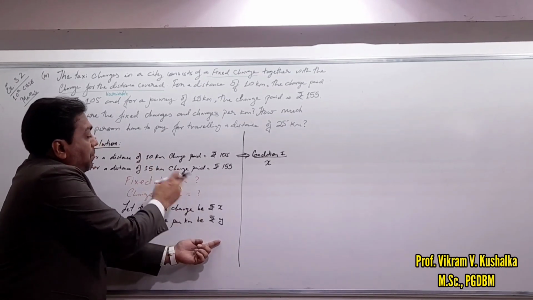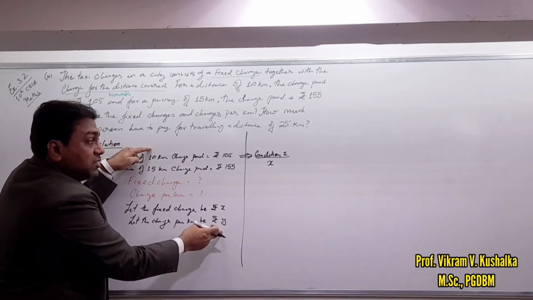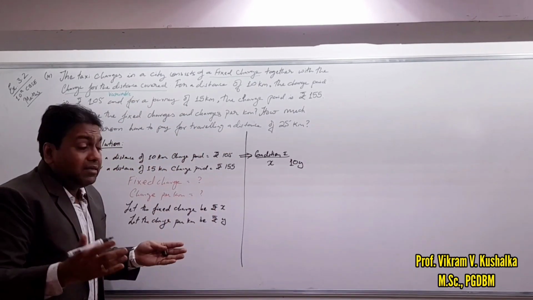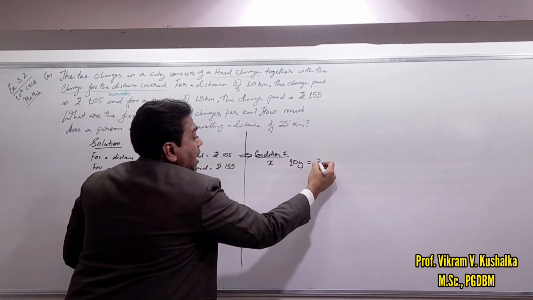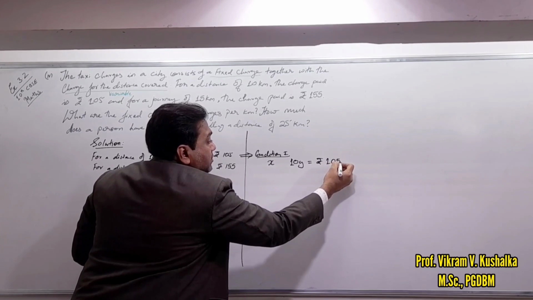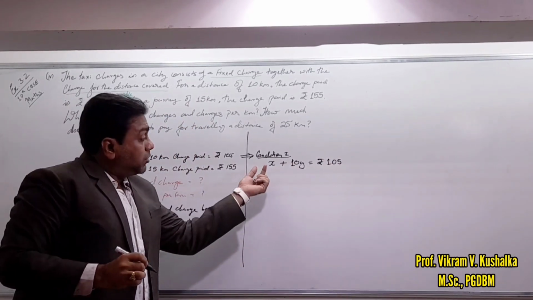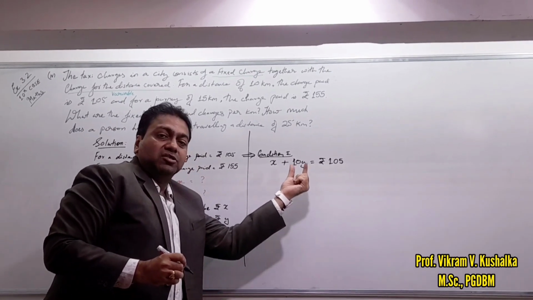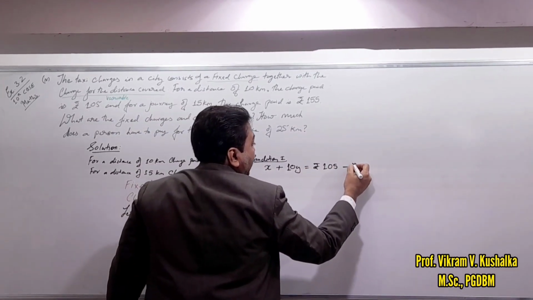So total amount payable for 10 kilometers, wherein the charge per kilometer is y, would be 10y. Isn't it? And then finally, what did you pay? Rupees 105. So that's the total amount. So you get a plus sign in between, because you're going to pay fixed charge plus the variable charge, charge per kilometer. So that gives you your first equation.